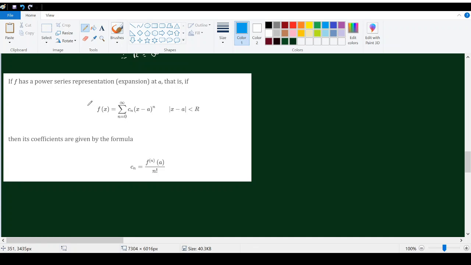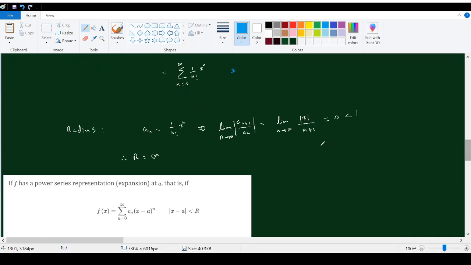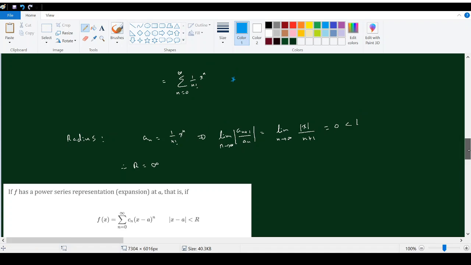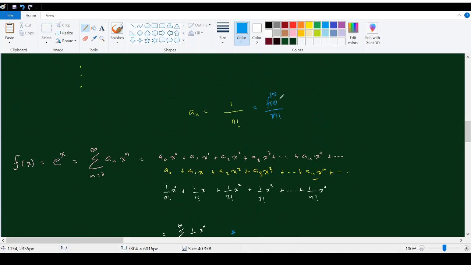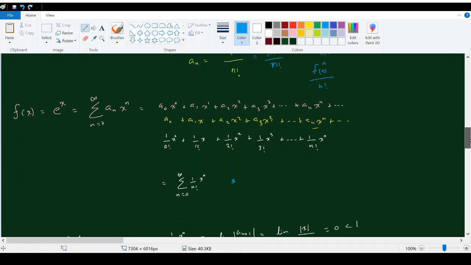So if you have a power series at any center, now this is generally true for any center, but in our specific example, our center was 0, right? So we evaluated the derivative at 0, but if it is a different center point, let's name it as a, then you just have to evaluate it at that specific center point. Okay, right?